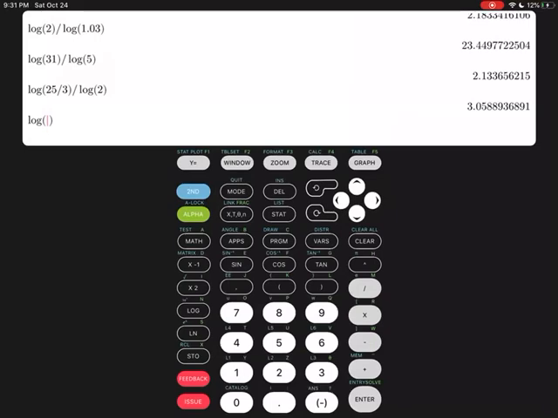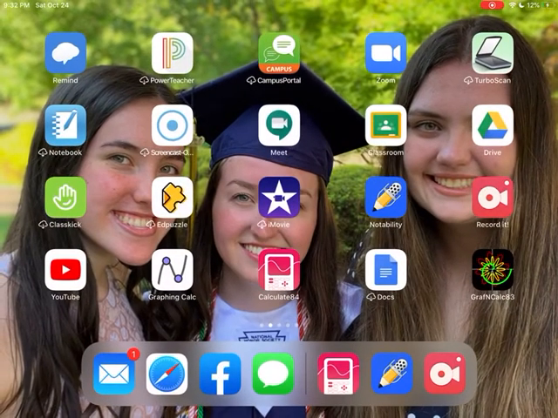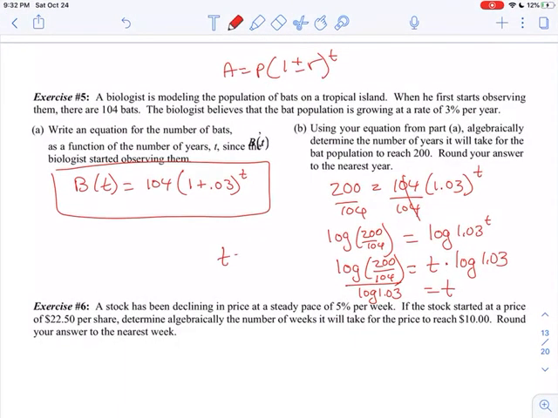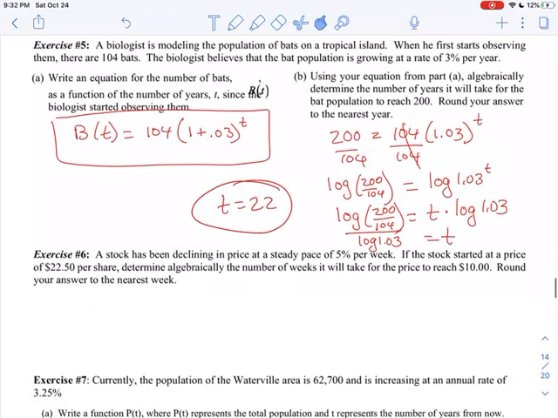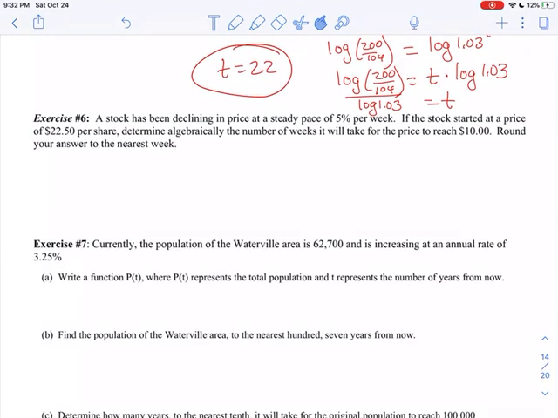So I have log of 200 divided by 104, divided by log of 1.03, and that will give me my t. So it's going to take about 22 years for that bat population to reach 200.